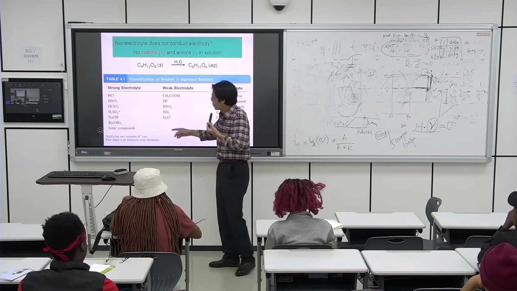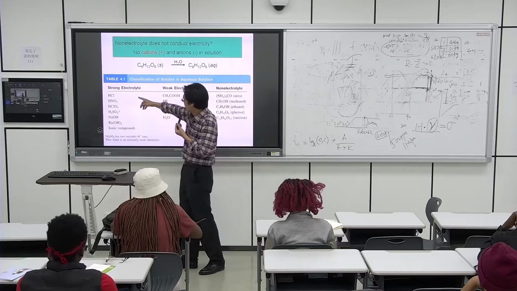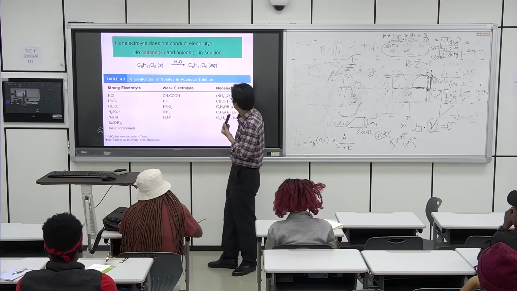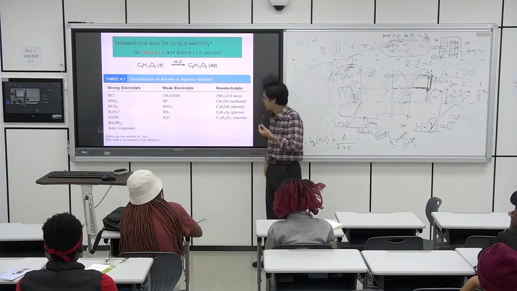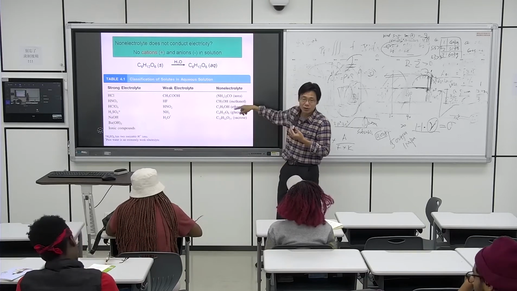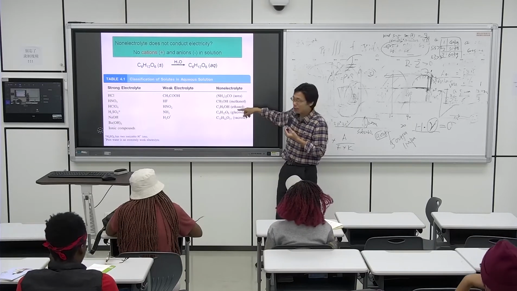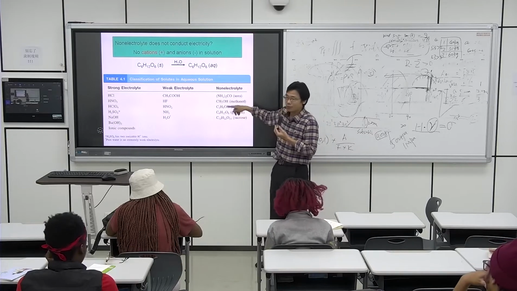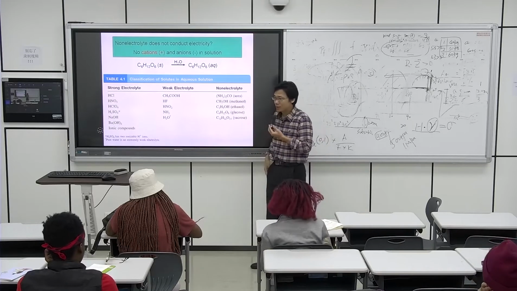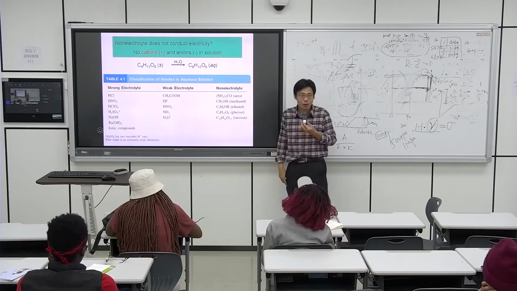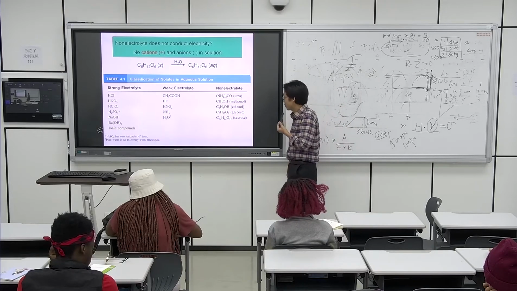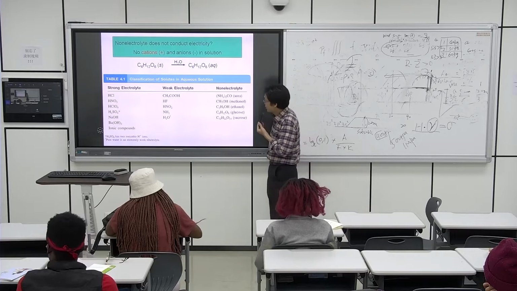So this table shows the strong electrolytes, weak electrolytes, and nonelectrolytes. For example, these organic compounds are very stable, right? So in water solution, they will keep their molecular structure, so they are nonelectrolytes.